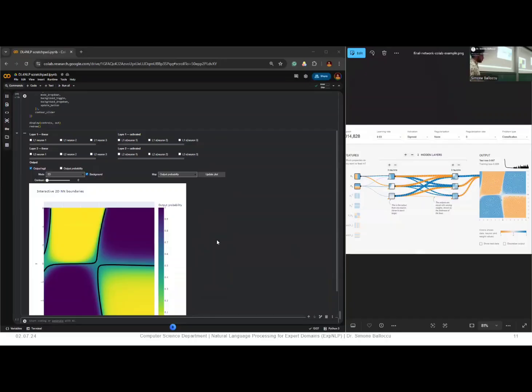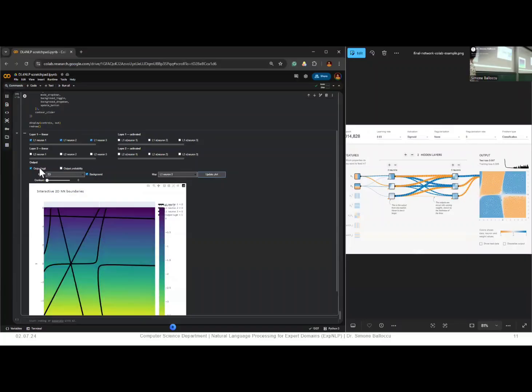Now, what is happening at each layer? If I go at the beginning, that's actually not the beginning, it's just the input, it doesn't do anything. Let's go to layer one. Now, if I plot the decision boundaries of these three neurons, these are linear combinations, so they are just lines.